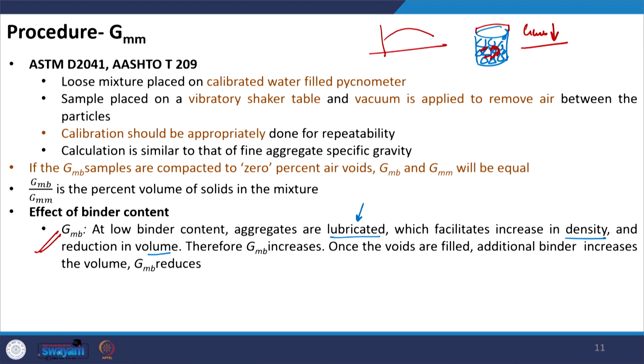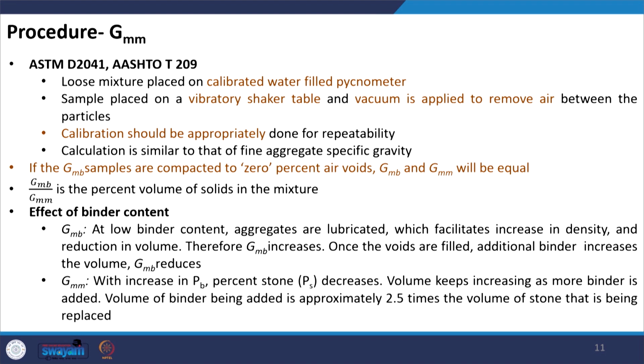We have just discussed the reason now, but GMM is not very similar to GMB, because in GMM we are not concerned about the air voids. So, if you see the definition, this is weight of aggregate plus weight of bitumen divided by volume of aggregate plus volume of bitumen, alright.